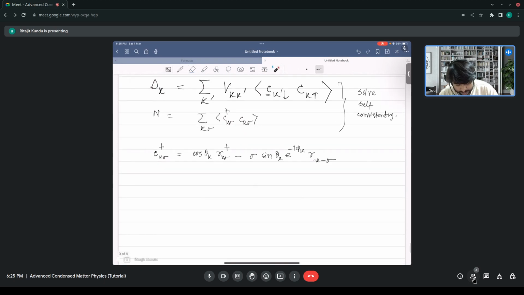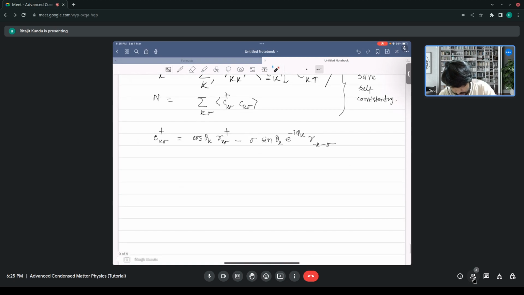So we have this Ck dagger, and we would like to calculate these expectation values. The expectation values are given by this, and these are all grand canonical ensemble averages, right? So we have that in the back of our mind. The first term is cosine of theta k gamma k sigma dagger minus sigma sine theta k e to the power minus i phi k gamma minus k minus sigma.